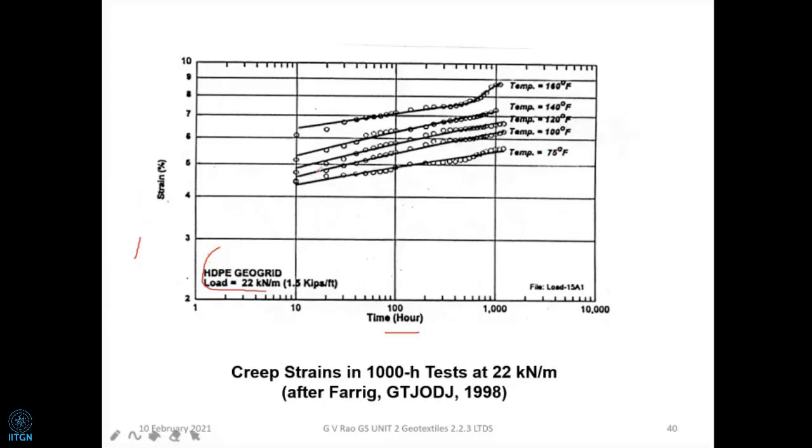The next curve we obtain at 100 degrees Fahrenheit, then 120, then 140, then 160. We find that increasing the temperature systematically does not change the creep curves exactly in parallel, but more or less you can assume that the increase is broadly significant and can be taken as linear on this semi-log scale, because this is a log scale. That is the basis for all our work.